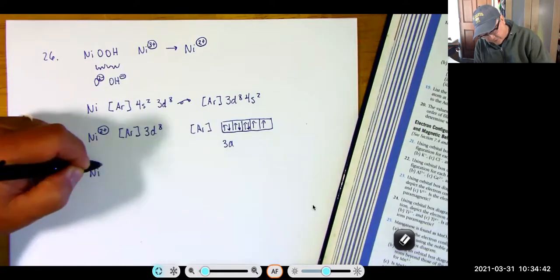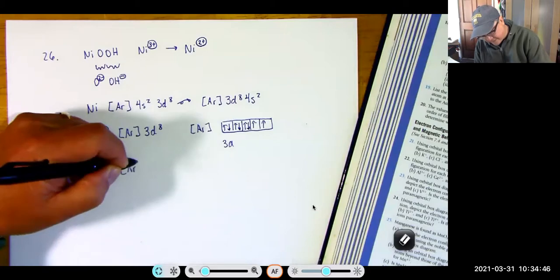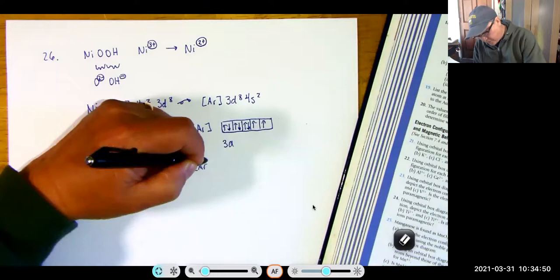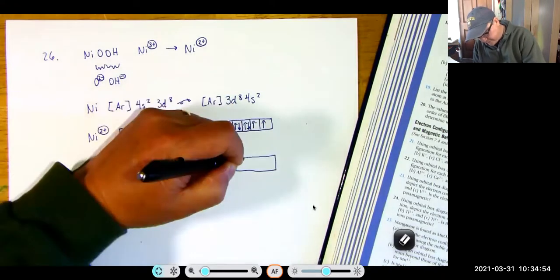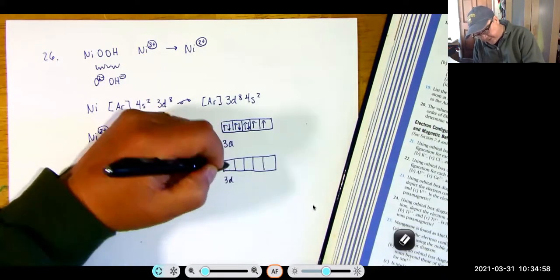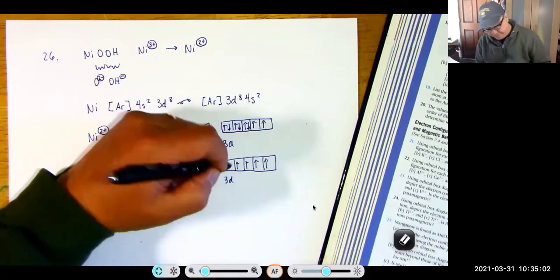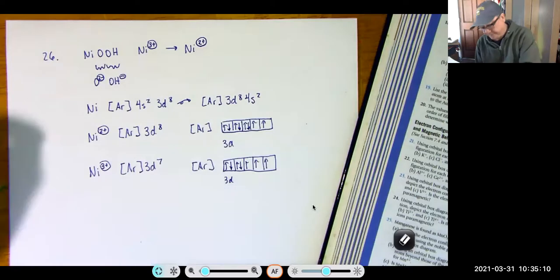And nickel +3 would look very similar, only it would be 3d7. So it would be argon with 7 electrons in the 3d subshell. And these would be your 2 answers. And then are either of them paramagnetic? And the answer is they both are, right? Yeah.